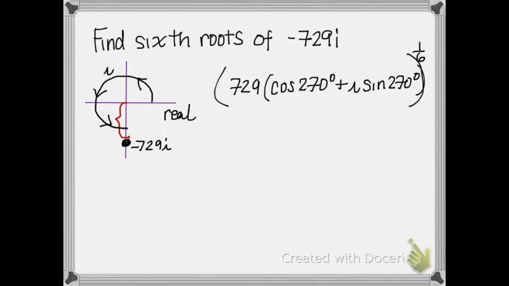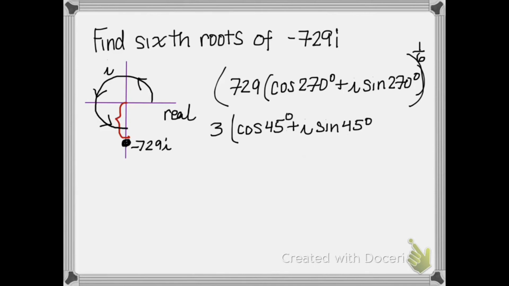So 729 to the 1/6 you would be able to find is 3. And then DeMoivre's theorem says multiply 270 times 1/6 here, and that would be 45 degrees. And that would be the first of the 6 roots.